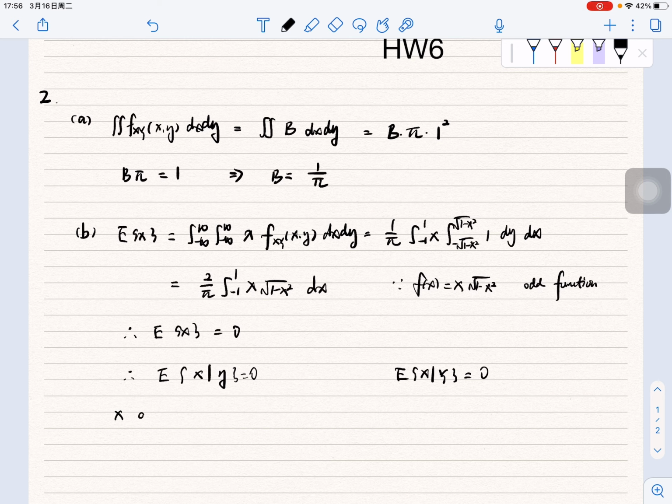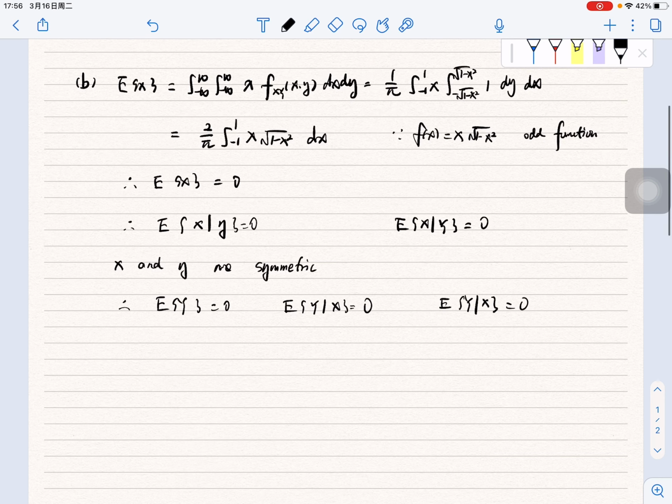We know x and y are symmetric. Therefore, E[Y] equals 0, and the expectation of y under the condition of X equals 0, and capital X, this expectation equals 0.